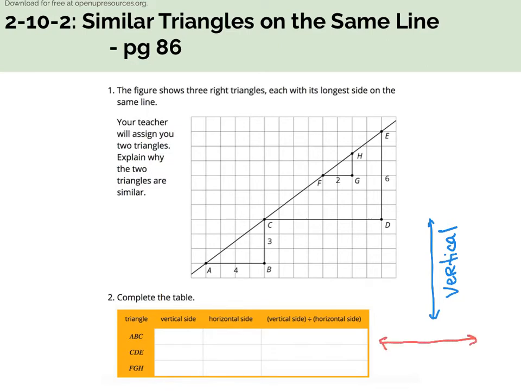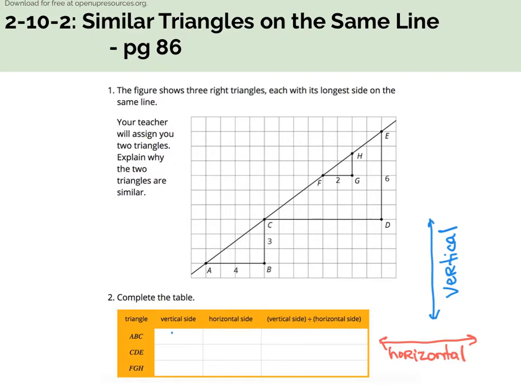Horizontal is side to side. So let's look at triangle ABC. We need the vertical, we need the horizontal, and then vertical divided by horizontal. So vertical, remember, was up and down.